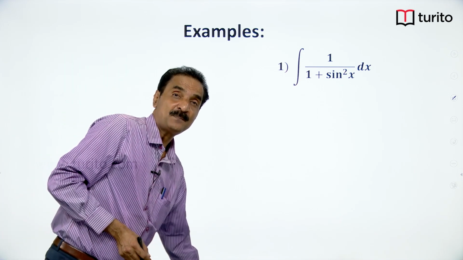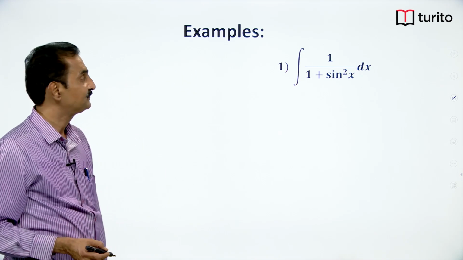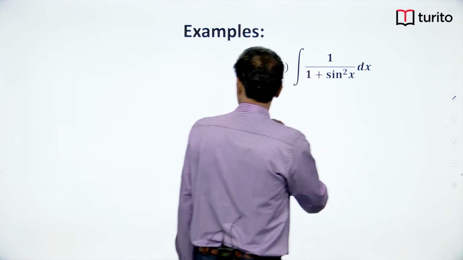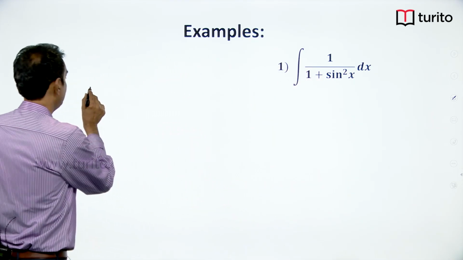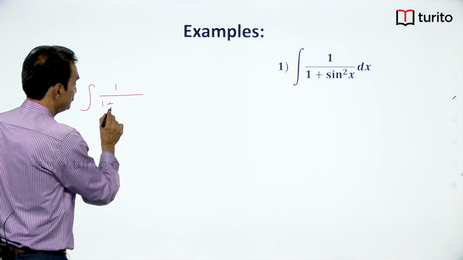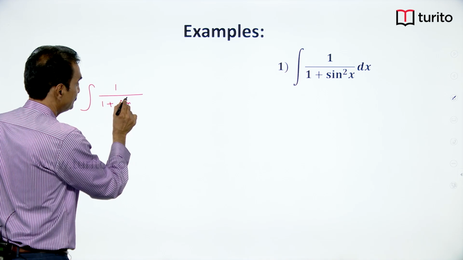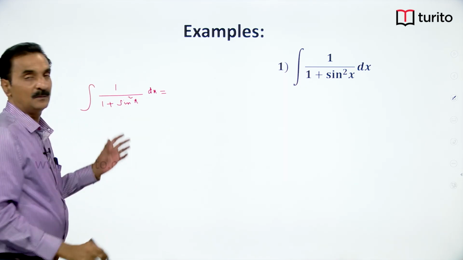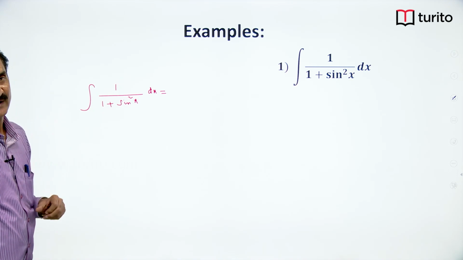Let us see some examples. Integral 1 by 1 plus sin square x. Let us follow the substitution or method. Multiply and divide by secant square x.